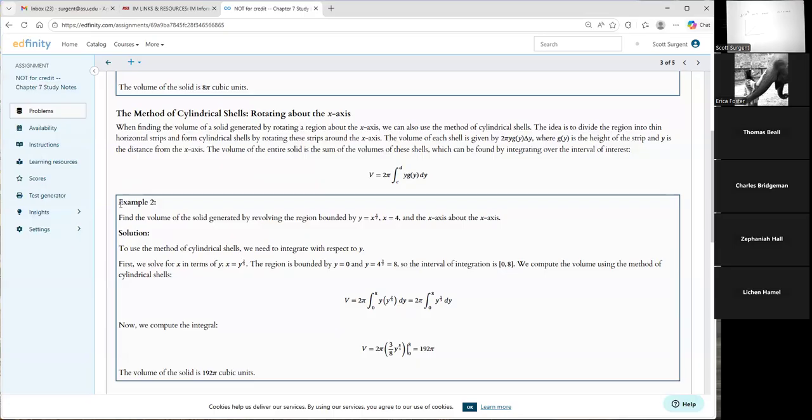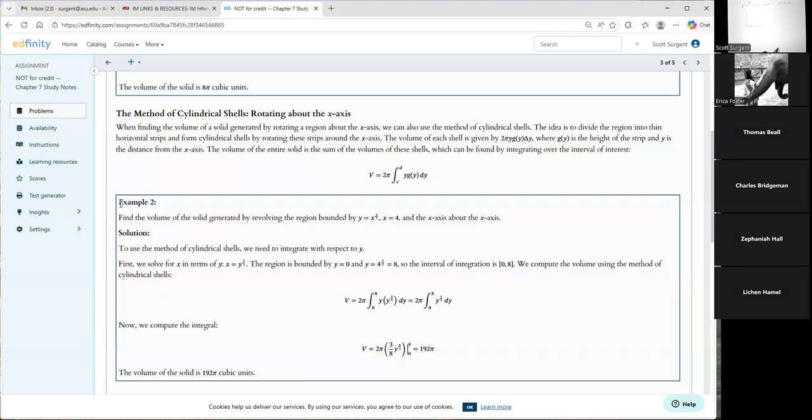It's curvy upwards. x equals 4 is going to put us out here. The x-axis obviously is here. And we're going to rotate around the x-axis. So we're going to end up creating a shape that looks kind of like a horn.